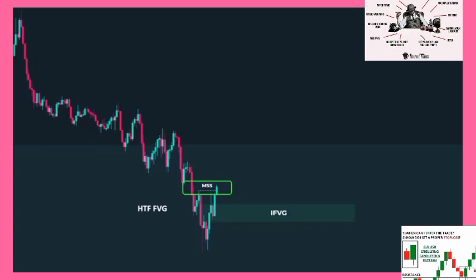This market structure shift tells us that the temporary bearish move is ending and bullish momentum is likely returning. At this point, price is expected to realign with the higher time frame trend, which is now bullish. With all these confirmations in place, we can now expect that price will return to the zone of the inversion fair value gap, which now acts as a support, before continuing upward.